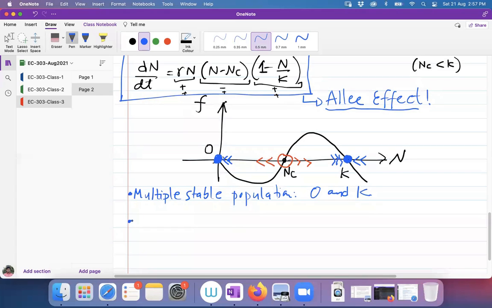Whenever you have multiple stable states, what's an immediate consequence? Depending on the initial population size, imagine the initial population size was here. Let's say you're trying an introduction of some species. If the initial population size was here, where will the population go? It will go towards 0, right? Towards extinction. However, if it was here, what happens? It survives. So there is an initial condition dependence.